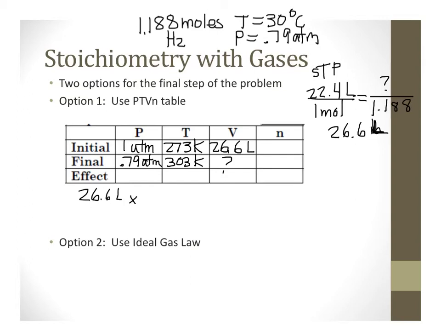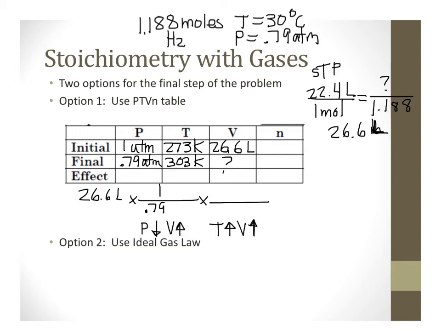I will multiply by, we'll do the adjustment for pressure first. Pressure went down, and that causes volume to go up, so I need a fraction that will make my volume go up. So I choose 1 over 0.79. Next, my adjustment for temperature. Temperature goes up, and that causes volume to go up.